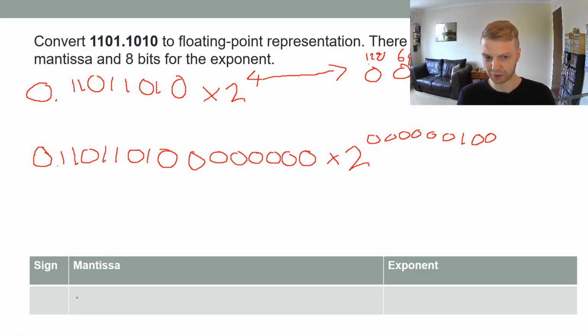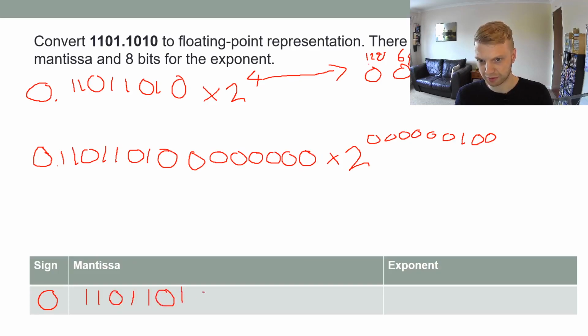You'll get given a little grid like this you need to fill out, and the sign bit is whether it's a positive or negative number. And all you've got to do is take the first 0 and put the 0 there. Then, and this is the bit people mess up all the time, you just do the next 15 digits. You don't do the 0 again.